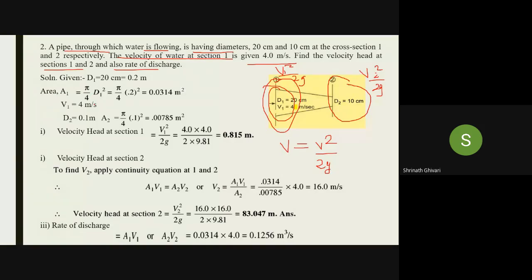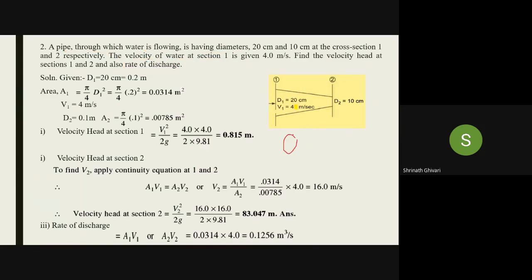Okay. Now, you have to also find the rate of discharge. So what is the difference between rate of discharge and volumetric flow rate? Have I told you about the continuity equation? What is Q?